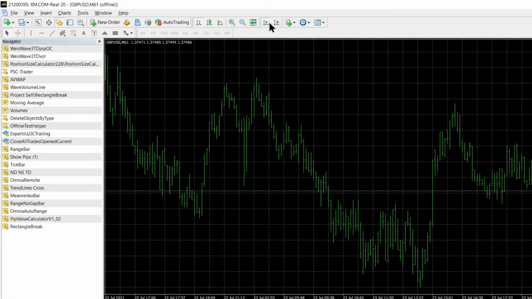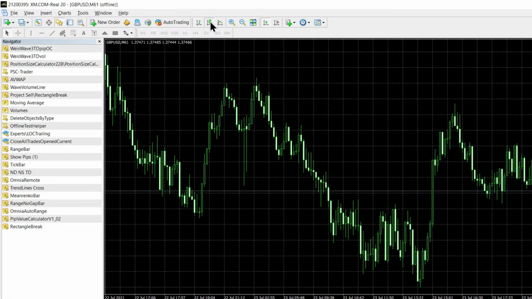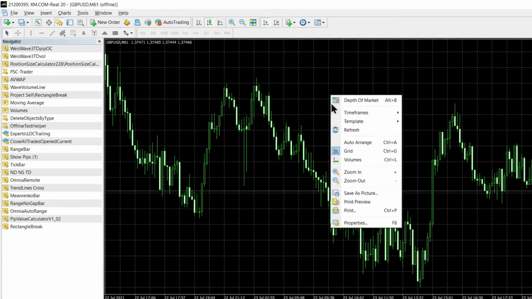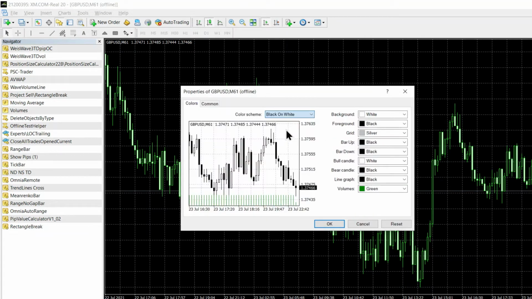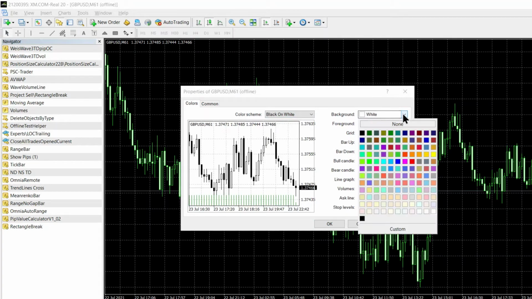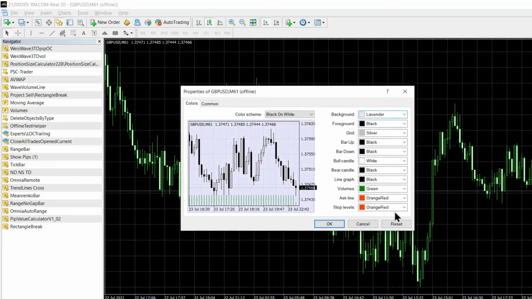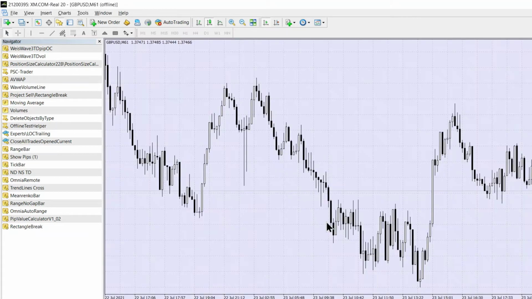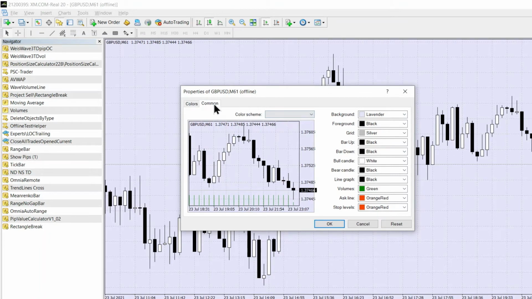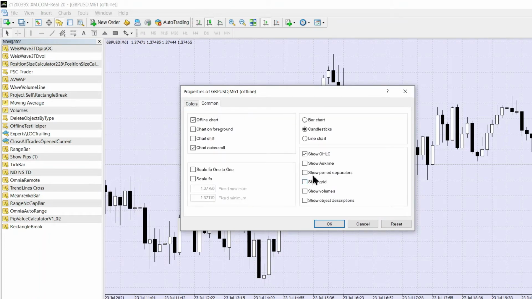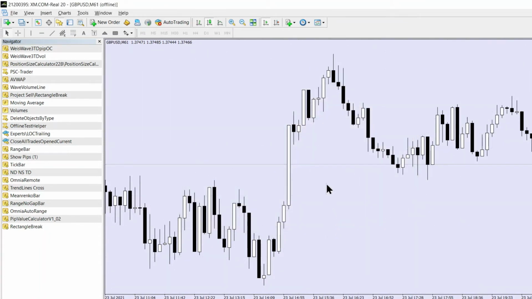Let me format it a bit so we get the same look. We'll make it also black and white, with the background the same as the other one. Also take off the grid and show period separators.